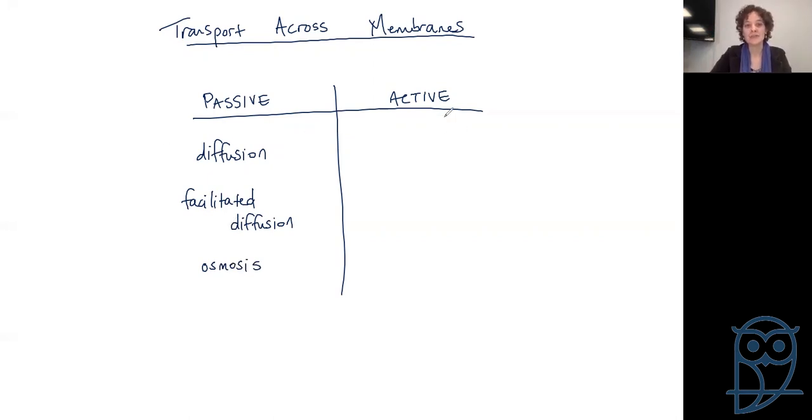Okay, active transport processes, those require energy, they require ATP, or they're not going to happen. And that is, funnily enough, active transport, but it is also your bulk transport methods, so your endo and exocytosis.